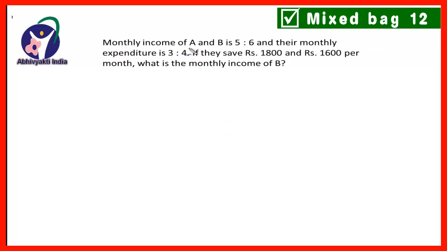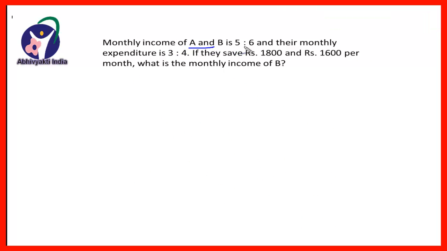Next question is, the monthly income of A and B is 5:6 and their monthly expenditure is 3:4. If they save rupees 1800 and 1600 per month respectively, what is the monthly income of B? Now here A and B's monthly income is 5:6.